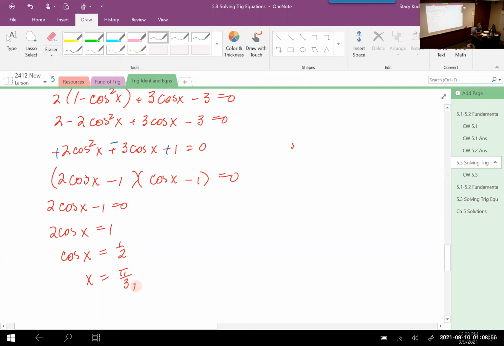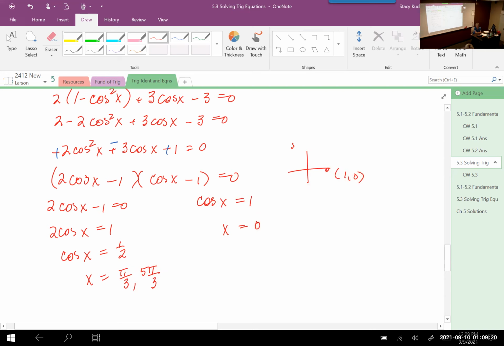And in the fourth quadrant, that's 5 pi over 3. Now coming back up here, cosine x is equal to 1. That's a quadrantal angle. That occurs when x is equal to 0. So there are 3 solutions to that one.